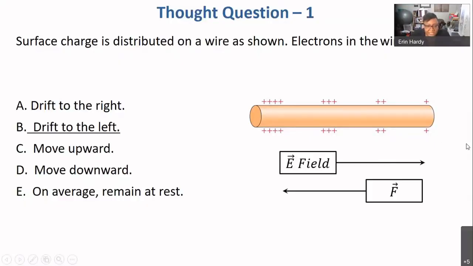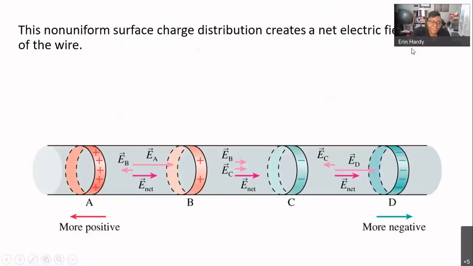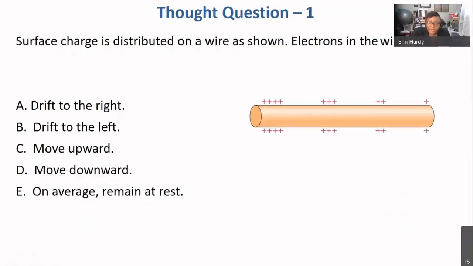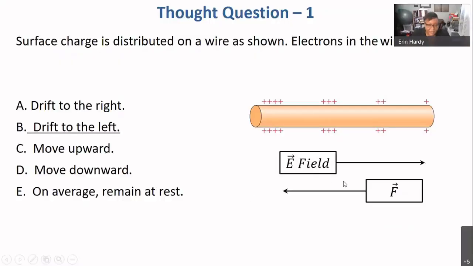The right end is going to be less positive. So if we think back to what our wire slices look like, our net field is going to point away from the more positive side toward the more negative side. That means that our field vectors are going to be oriented toward the right. The charge carriers are electrons, so the force acting on them is going to be opposite. So the drift is going to be oriented toward the left here.